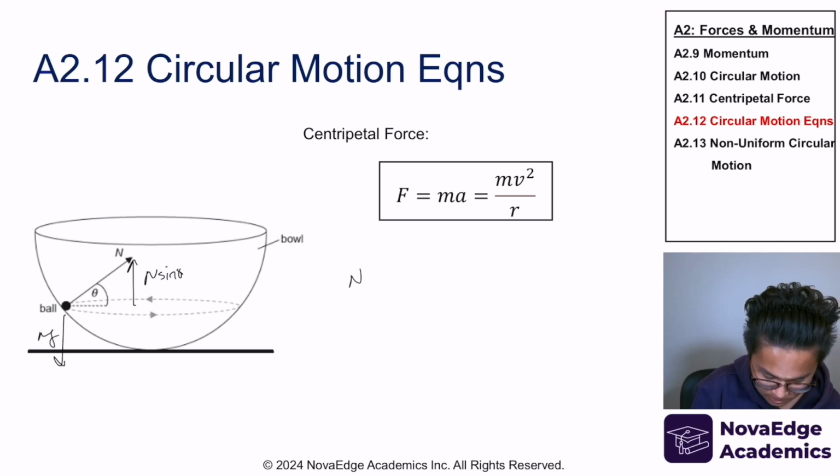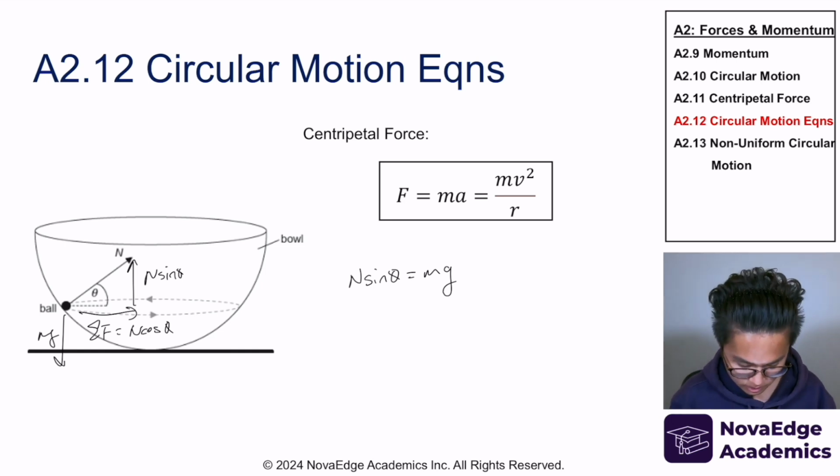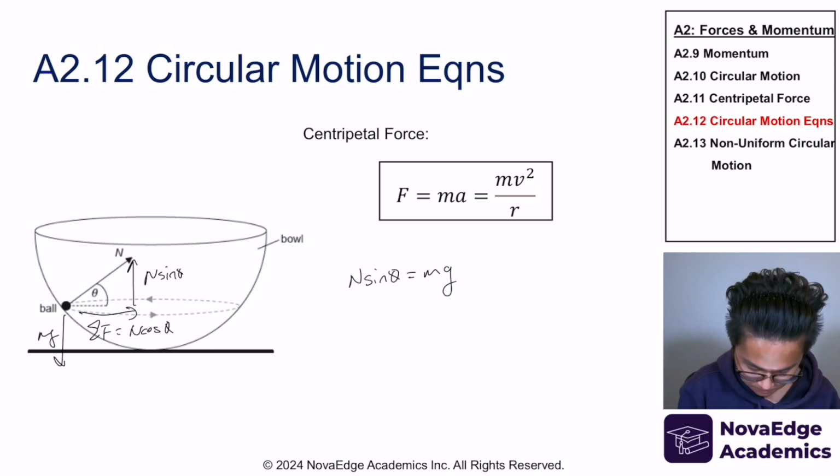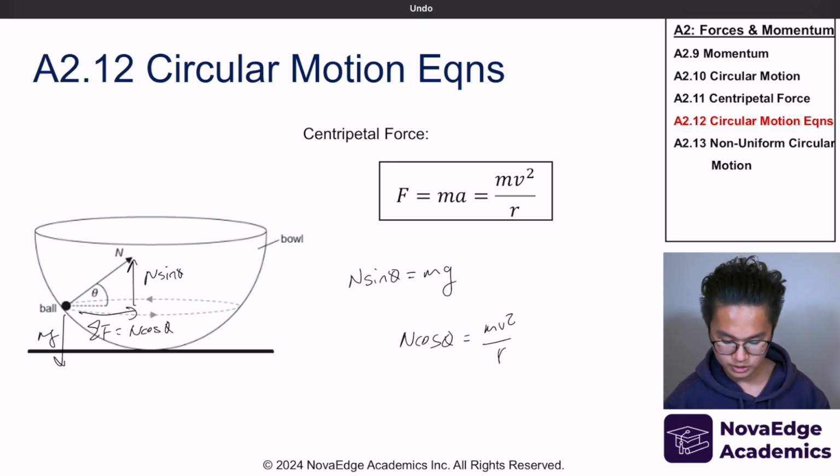So I have n sine theta is equal to mg, and the net force is equal to n cos theta, where n is the normal force. So the normal force is equal to n cos theta, and I can equate that to the centripetal force's equation, mv squared over r.